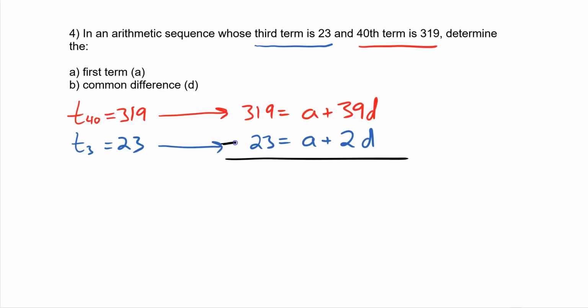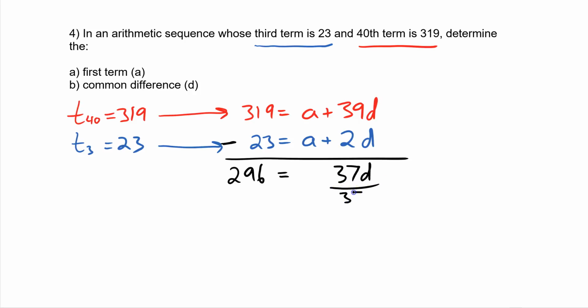by using subtraction. So I'll subtract these two equations and we'll see what we're left off with. So 319 subtract 23 will leave us with 296 equals. A subtract A, it's gone. It's no longer there. And now all we have is 39D subtract 2D will leave us with 37D. Now I have an equation with only one variable.